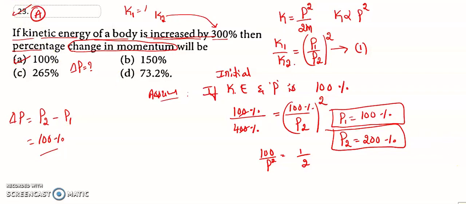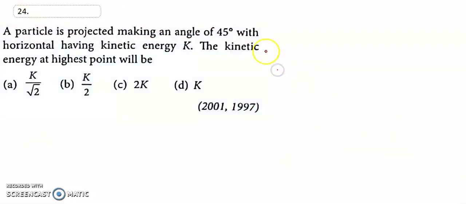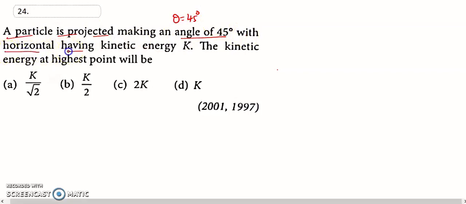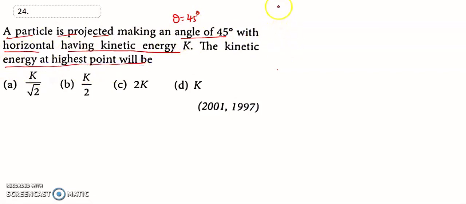So let's move to the 24th. Okay, so 24th question, look. A particle is projected making an angle theta equal to 45 degrees with horizontal having kinetic energy K. The kinetic energy at the highest point will be, so this is the x-axis, this is the y-axis. A particle is projected making 45 degrees with horizontal.